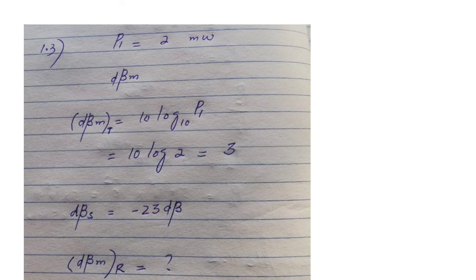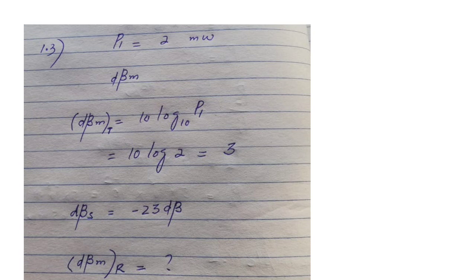And basically we want to calculate the dBm value of the output power. What is given to you? The dBm value of the input power, which is equal to 3, and the total loss of the system in decibel, that is minus 23.